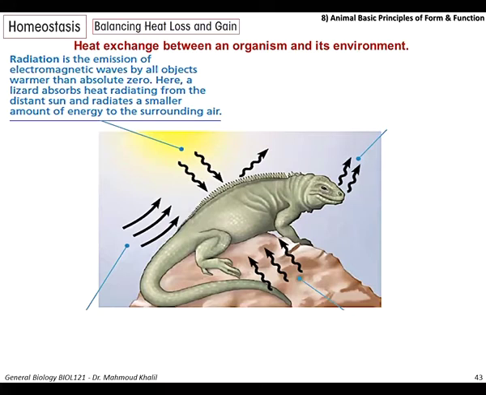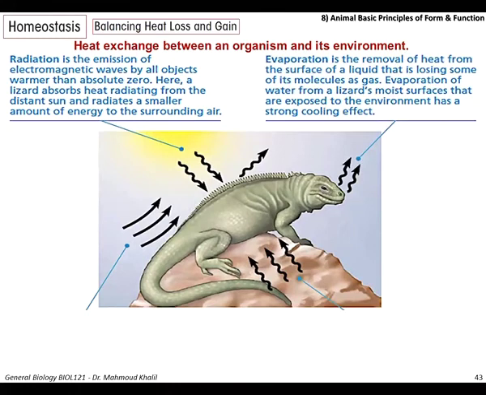What if the iguana gets overheated? What does it need to do? It uses evaporation, the removal of heat. Evaporation removes heat by evaporating water from its nose and mouth to the external environment. This leads to a strong cooling effect.